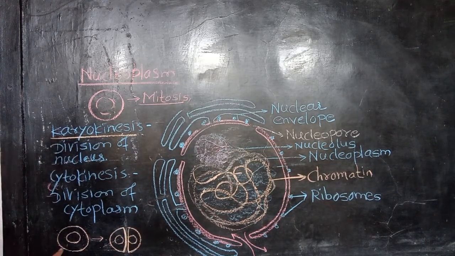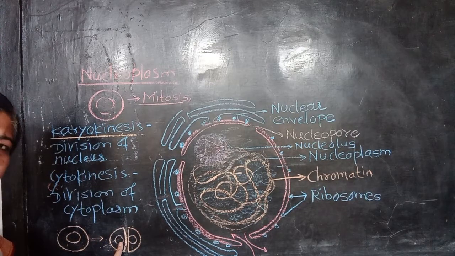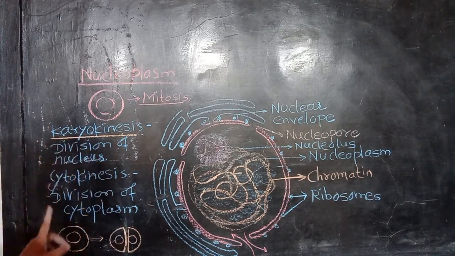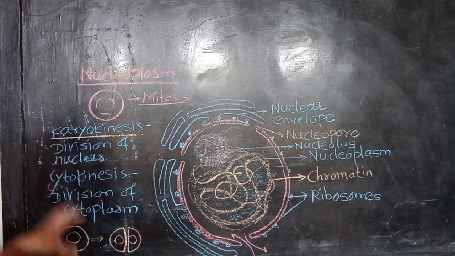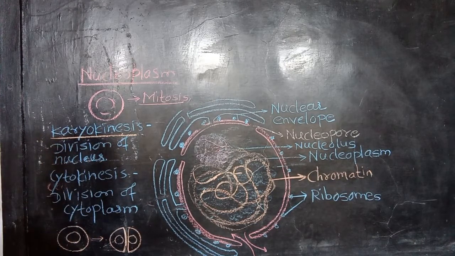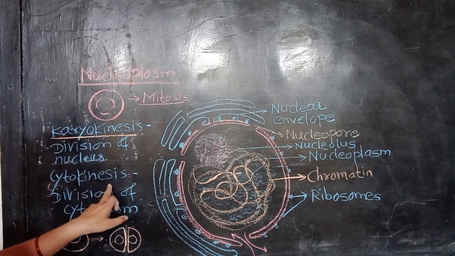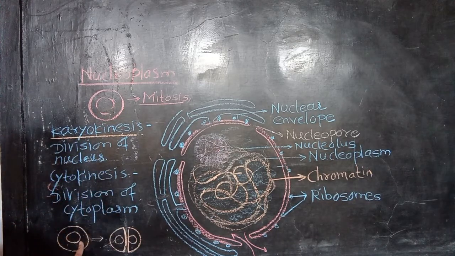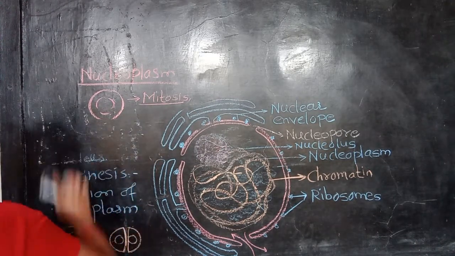In this way, a single cell divides into two cells. There are two types of cell division, mitosis and meiosis. In any type of cell division, the first step is karyokinesis, that is division of the nucleus, and the second step is cytokinesis, that is division of the cytoplasm.